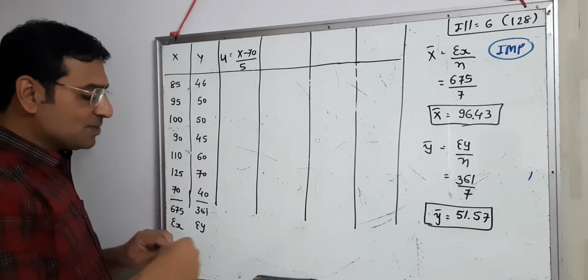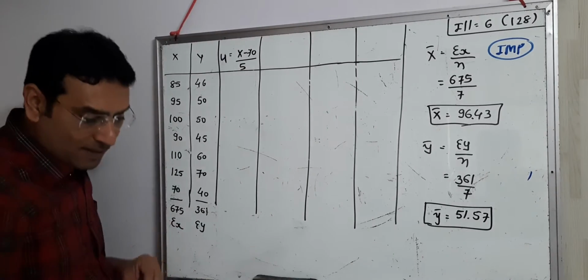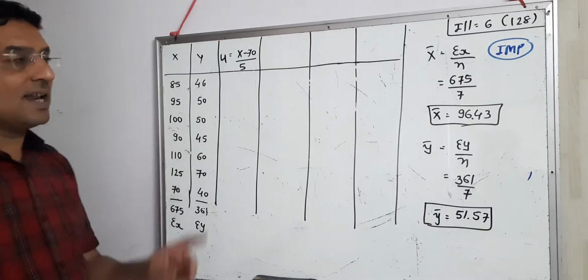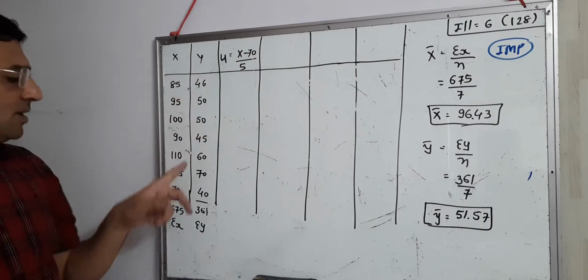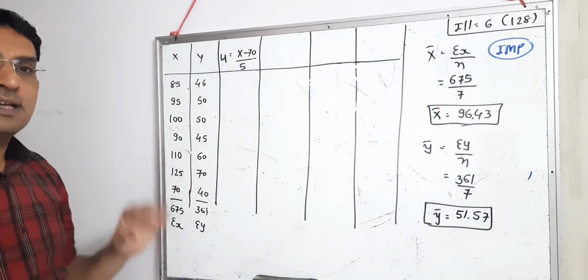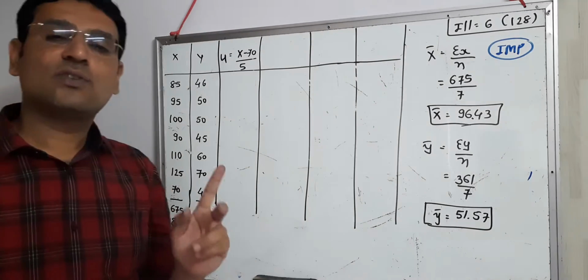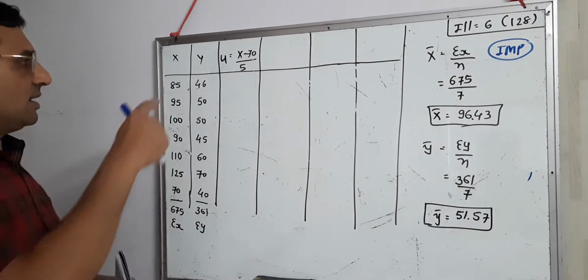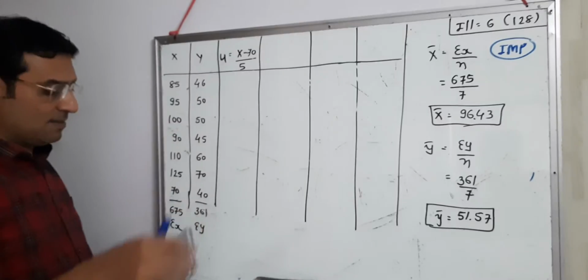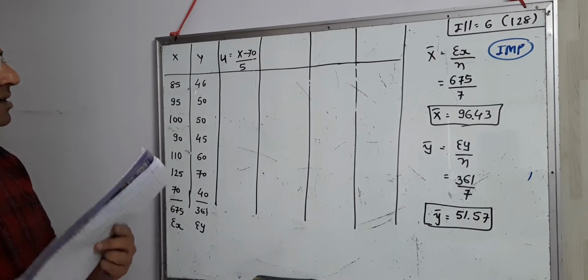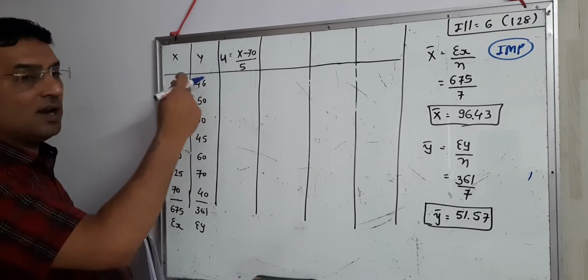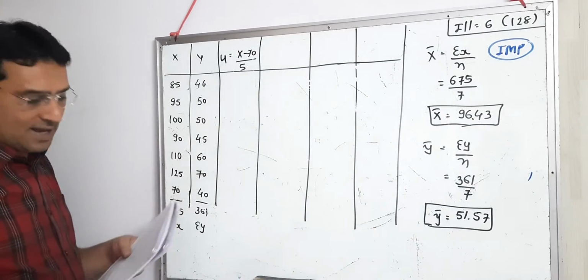Don't follow the textbook here. In the textbook they may have taken a different assumption. In the textbook they have taken 95, but we are taking 70. Reason: we don't want any negative figure. So the least value is 70, U is x minus 70 upon 5, because all values are divisible by 5.